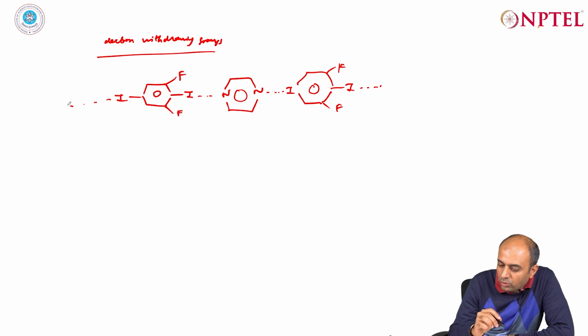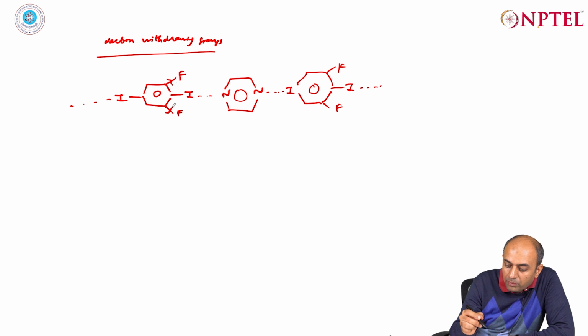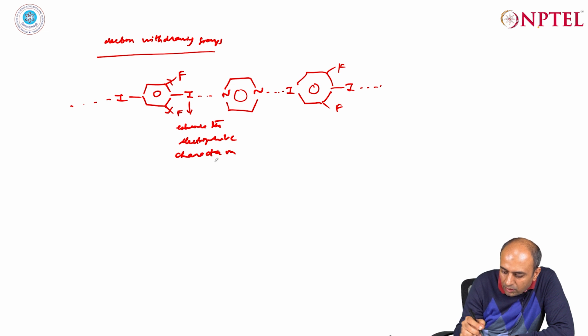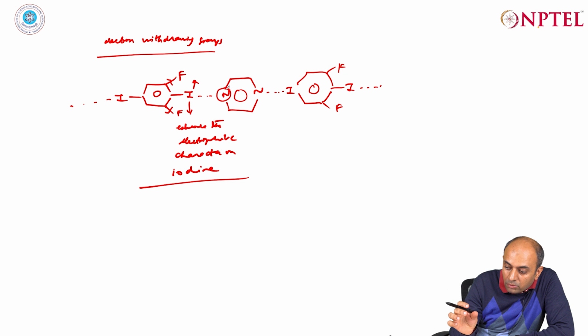If we put electron withdrawing groups like fluoro, then fluorine is a strongly electron withdrawing group, and therefore it will enhance the electrophilic character on iodine, and therefore the magnitude of the electrostatic potential will be raised, and it will interact more strongly with the nitrogen lone pair, thereby shortening the distance between iodine and nitrogen further.